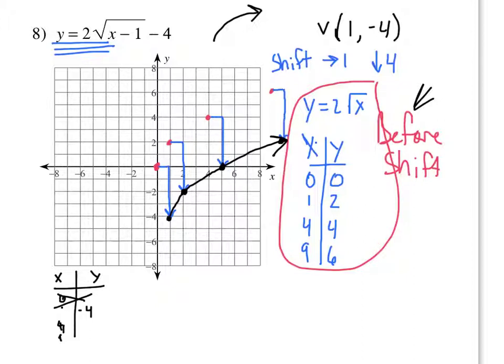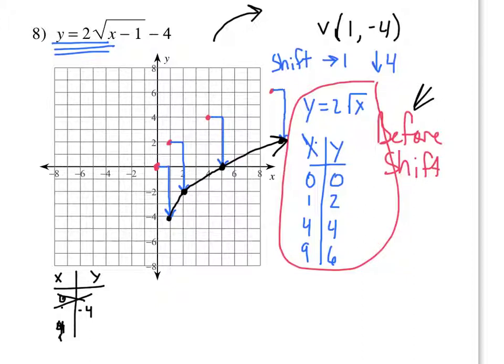What if I plug in 4? What's 4 minus 1? 3. What's the square root of 3? Again, we don't know it off the top of our head. It becomes nastier numbers this way. So if we always figure out what our shift is first, then ignore that part of the equation, we can always plot nice, easy numbers to graph.